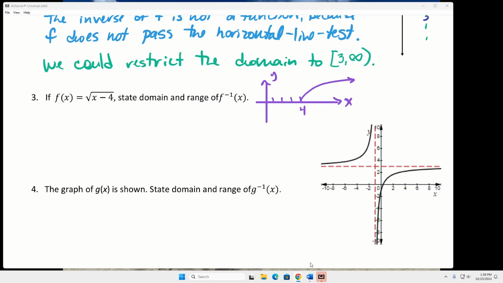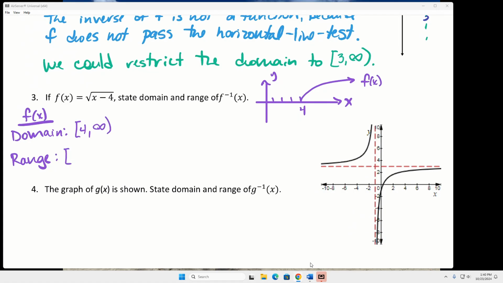All right, so when I do these, I go ahead and I find the domain and range of the original function. So for f, what is the smallest number in the domain? 4. And it goes forever to the right, which is infinity.